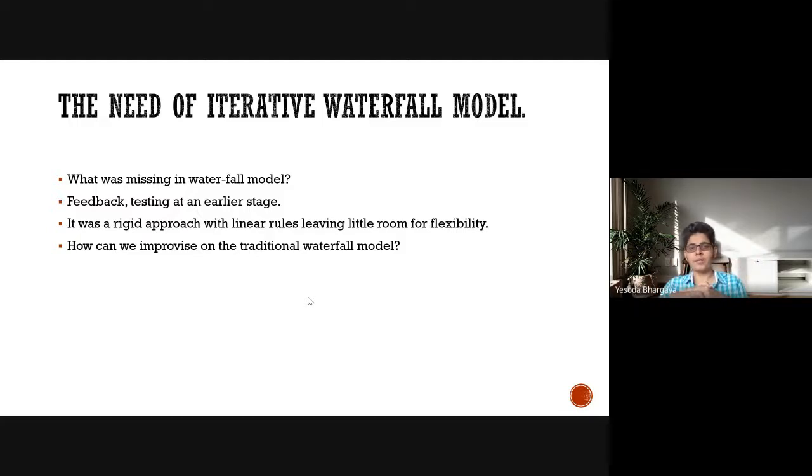And so instead of introducing feedback at a much later stage, it envisioned introducing feedback at an earlier stage. Now, when we talk about feedback at an earlier stage, we are not necessarily talking about feedback based on a prototype that has been created.